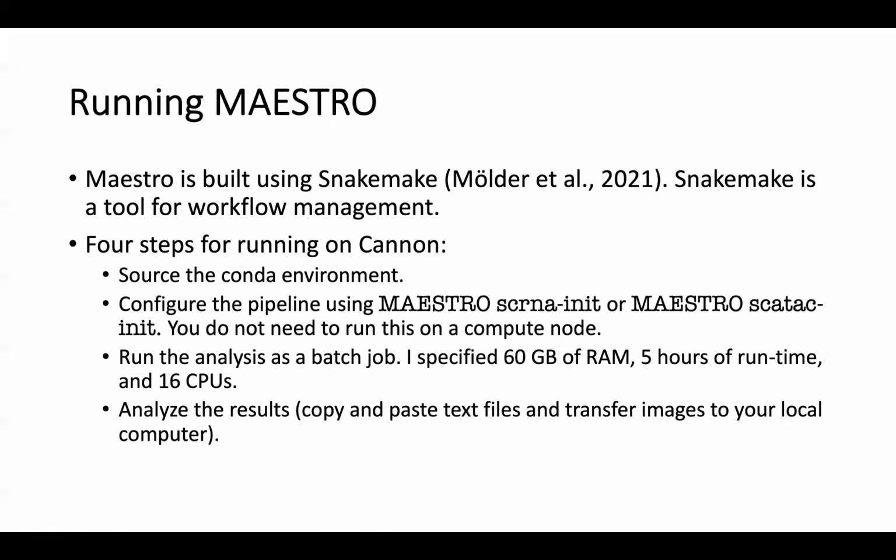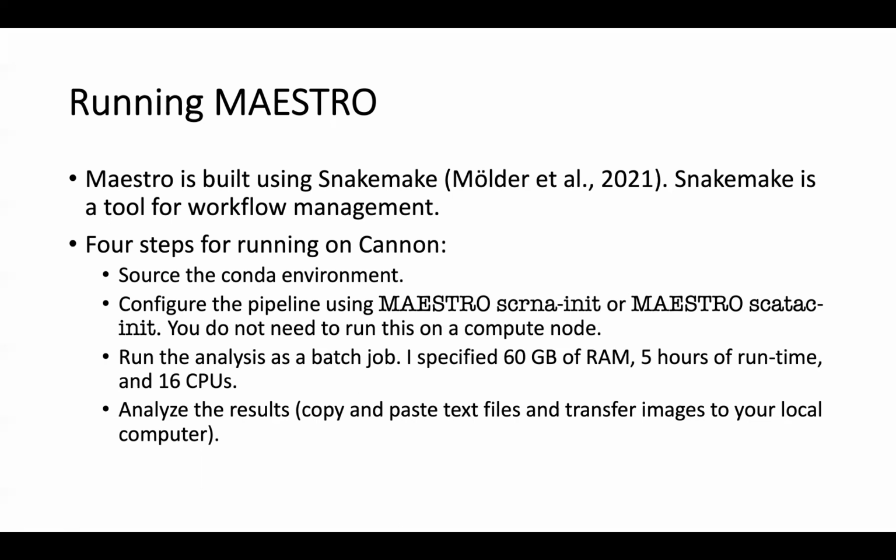And then once you've done that, you can actually run the pipeline. Since it's going to take 3 to 6 hours to do both of them, you really need to submit it as a batch job. This means you should be using the sbatch command. You should write a shell script that contains the code you want to execute, and submit that using sbatch.